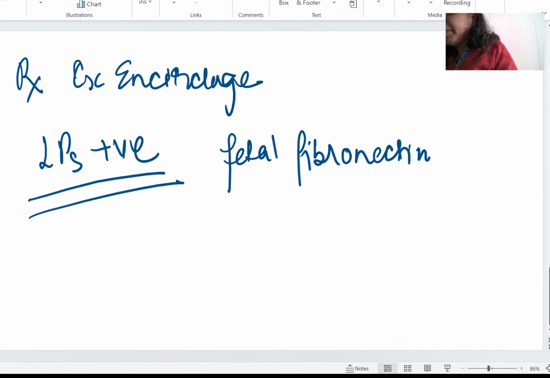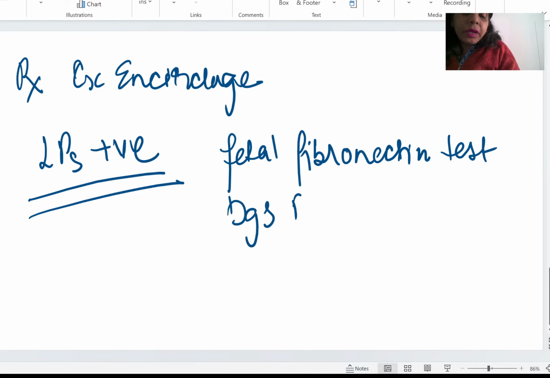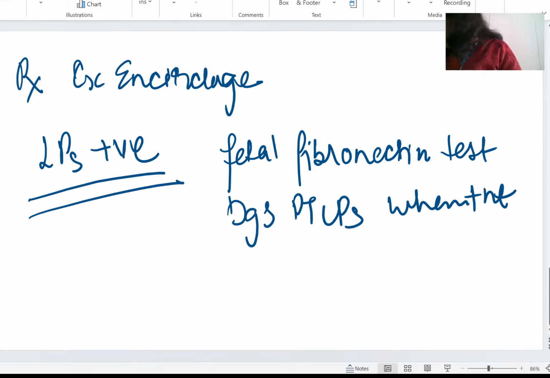Can anybody help me? Fetal fibronectin test diagnoses preterm labor pain when present in which gestation? Dr. Rachna, can you tell me?